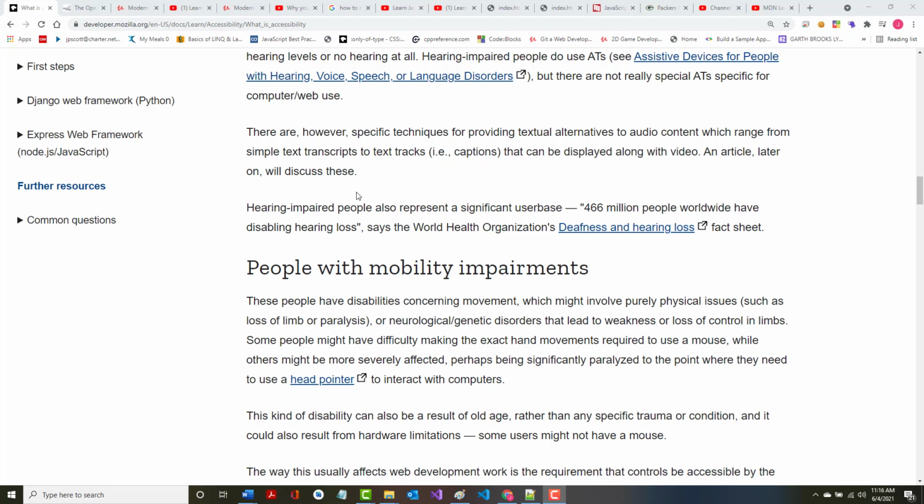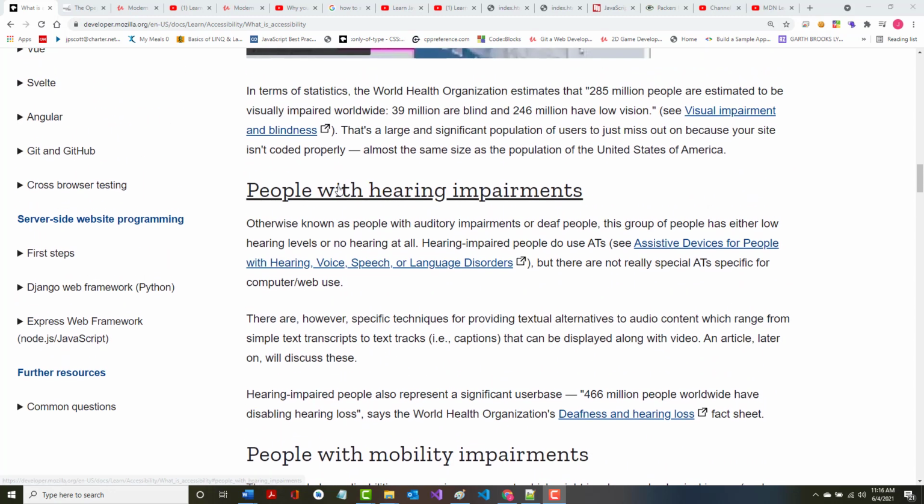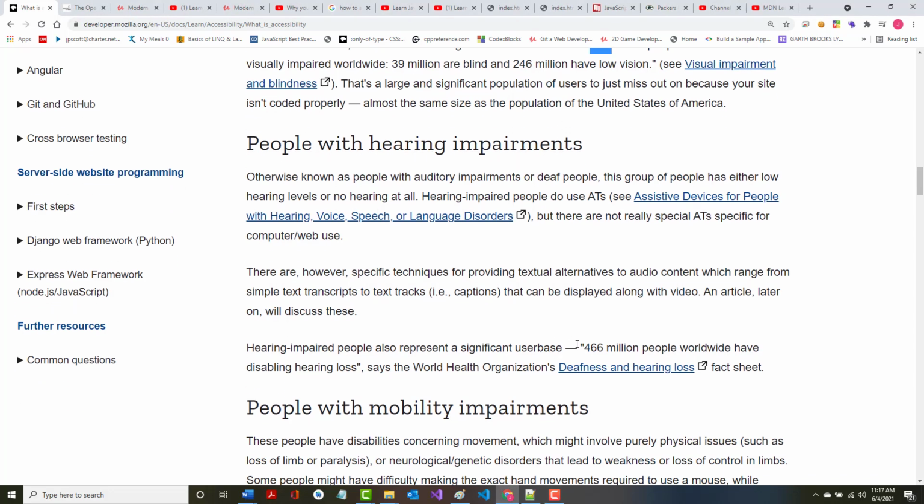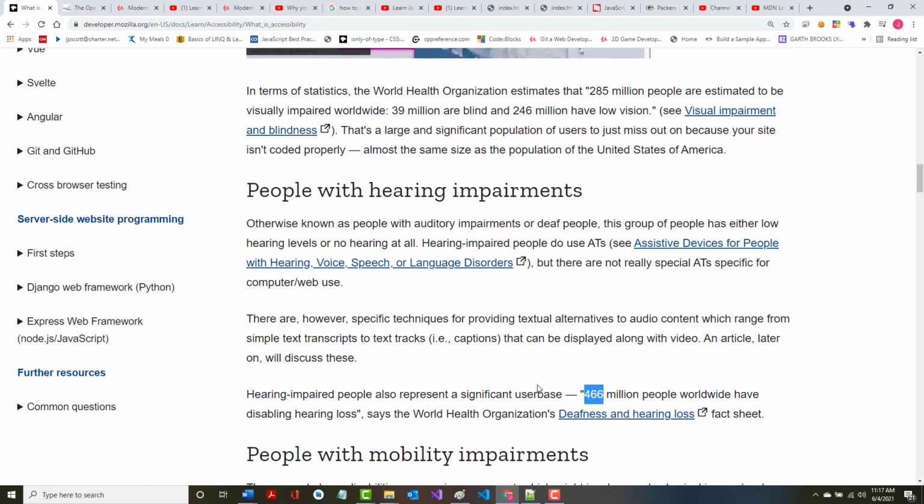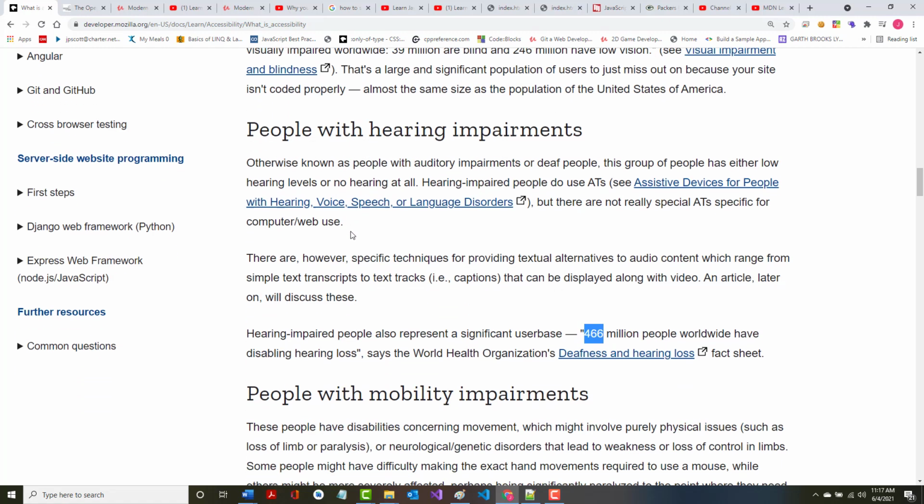Now, some of them may also be blind, but if you look at them as two different groups, that's 285 million and 466 million. Do the math. That is over 700, closer to 800 million people that they're talking about.